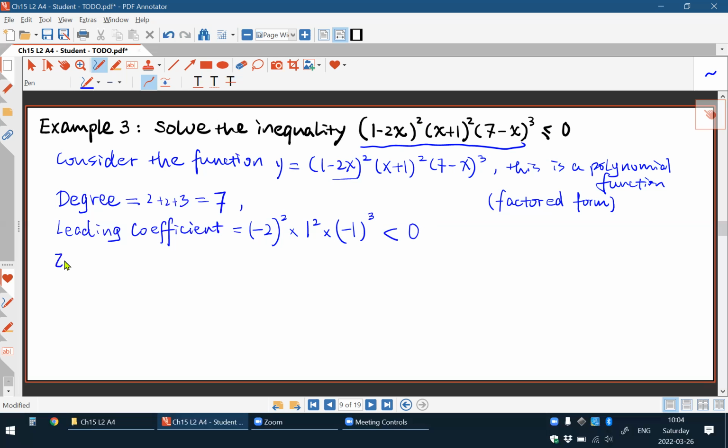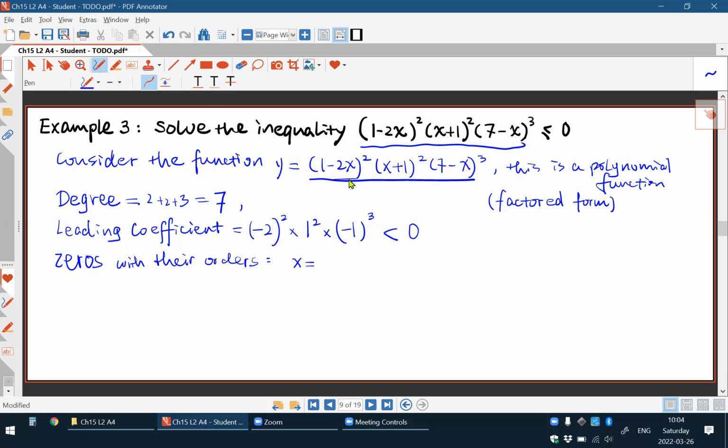Okay, next we find its zeros and orders, or zeros with orders. First of all, if this expression is 0, it's easy to see that the zeros are 1/2, -1 and 7, right?